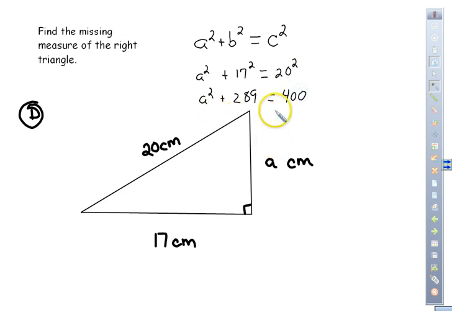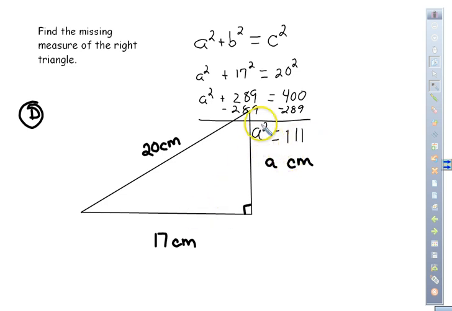To solve this algebraically, we need to get a squared by itself, so we subtract 289 from both sides. Then we get a squared equals 111, so 400 minus 289 is 111.